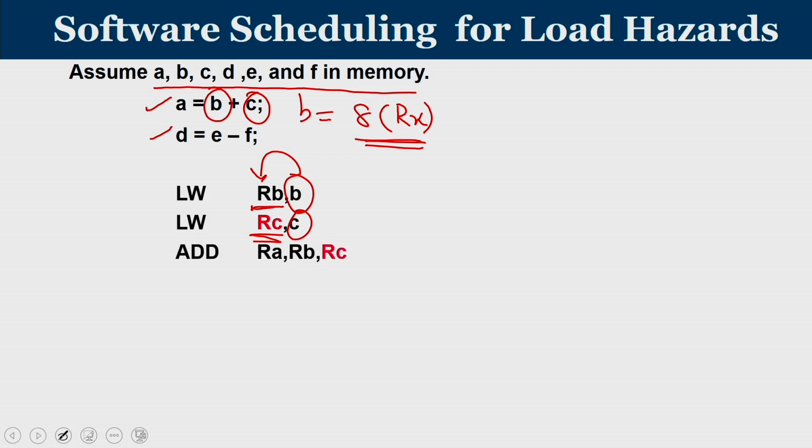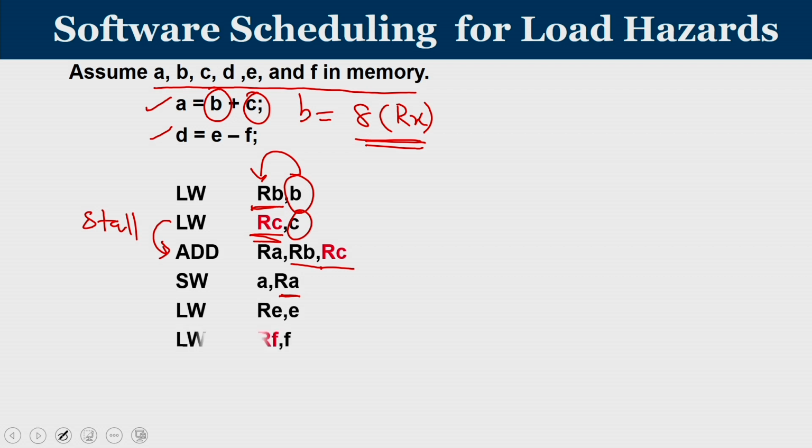So, I am going to add RA, RA is my new register, RB and RC values are added and then put in A. Now, we know that it is a load instruction and immediately after that we have an add instruction. So, naturally there is going to be a stall here. That is the stall because of the data dependency on the register RC. And then we are going to store the value, whatever value is available at the end of the ALU operation, back into memory location A.